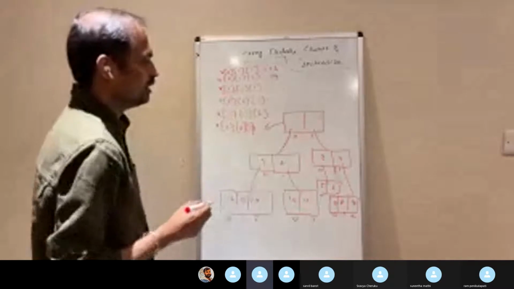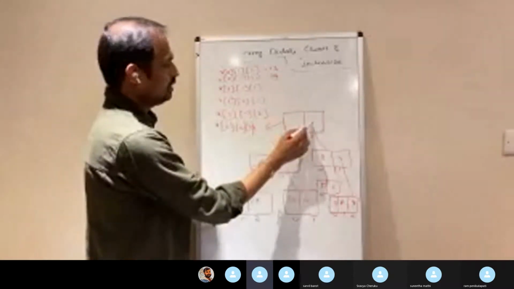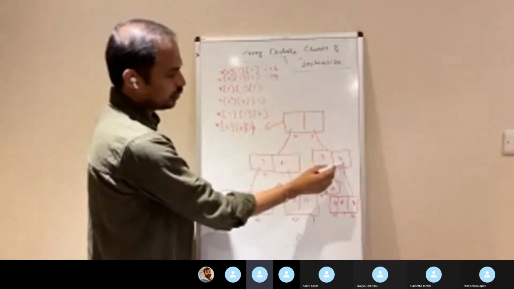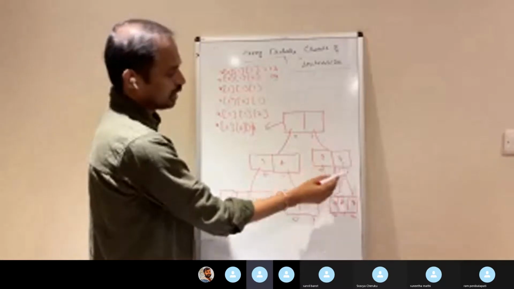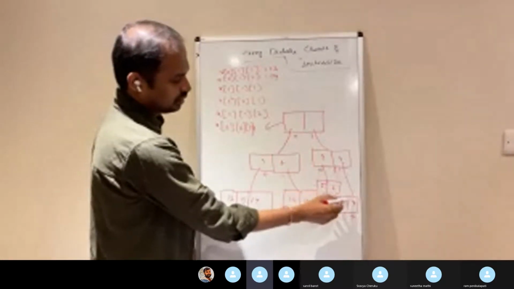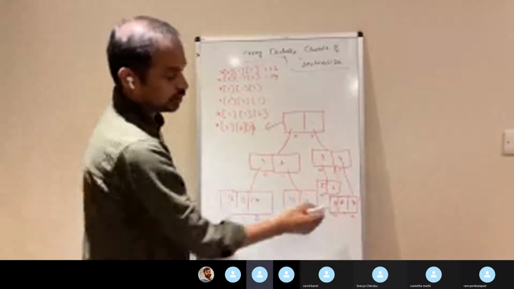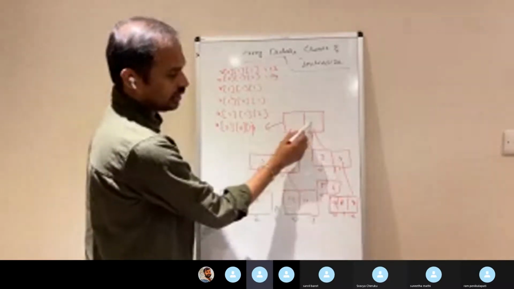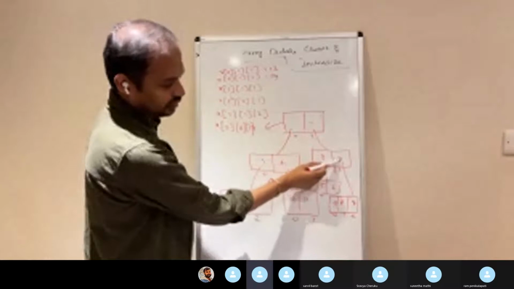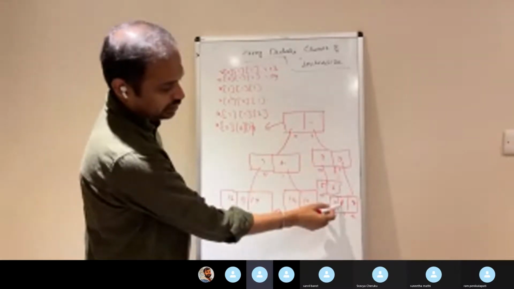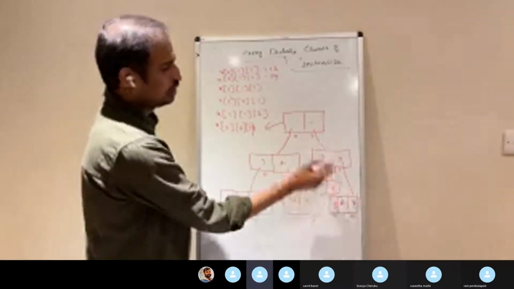What is x of 1 of 1? x of 1, 1 of 1 is 4. Another one, 7, oh sorry, 8. Again, 1 of 1 is 8.